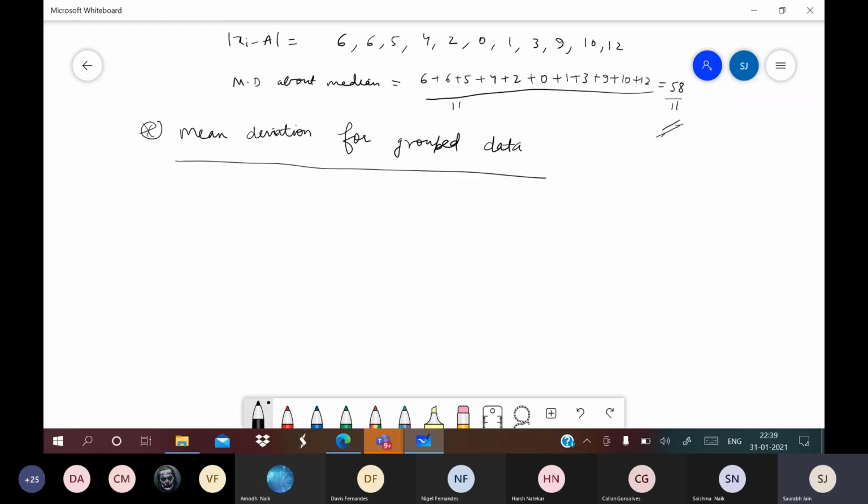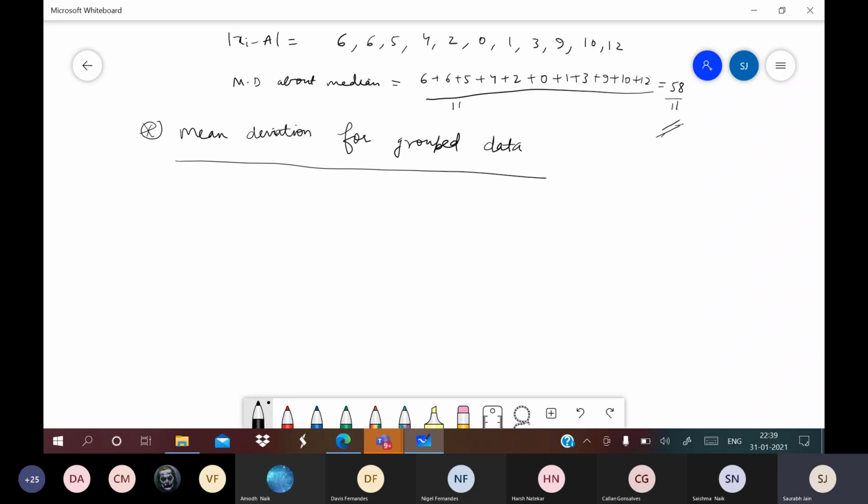I hope you remember in grouping, there used to be two kinds of distribution. In one distribution, they used to give some observations and their frequencies, that is, how many times a particular object is repeated. Values of xi were given and values of frequency fi were also given, and you used to find mean and median for that.